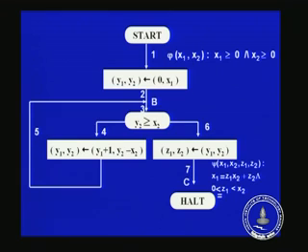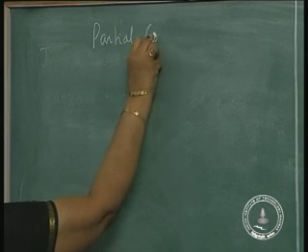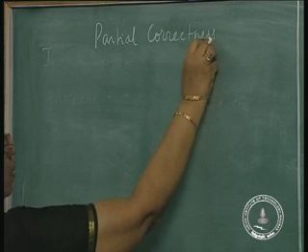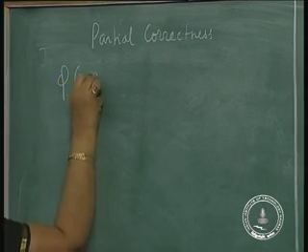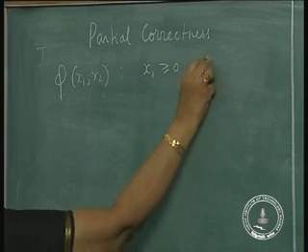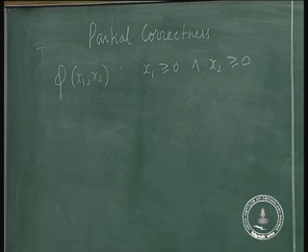So, first we shall consider partial correctness. Here we take the input predicate phi x1 x2 to be x1 greater than or equal to 0 and x2 greater than or equal to 0. Actually, for the total program x2 has to be greater than 0, but for proving partial correctness, even if we take x2 greater than or equal to 0, it is okay.